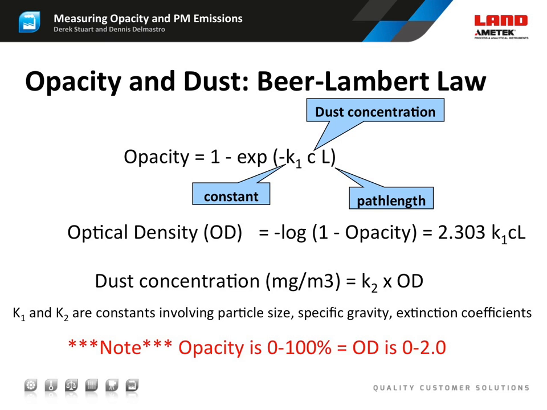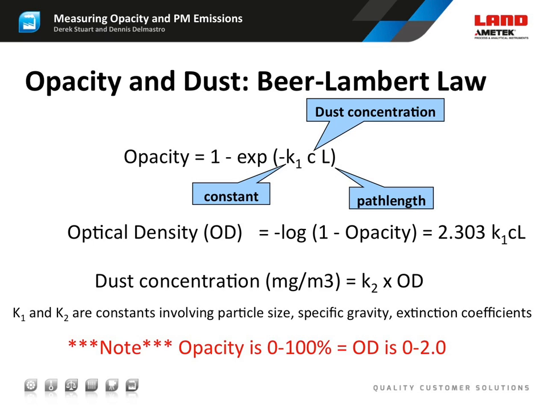The relationship between opacity and PM concentrations are defined by the Beer-Lambert law. Though there is some fancy math, essentially, opacity is equal to 1 minus the exponential raised to the power of minus k times C times L, where k is a constant, C is the particulate concentration, and L is the path length.